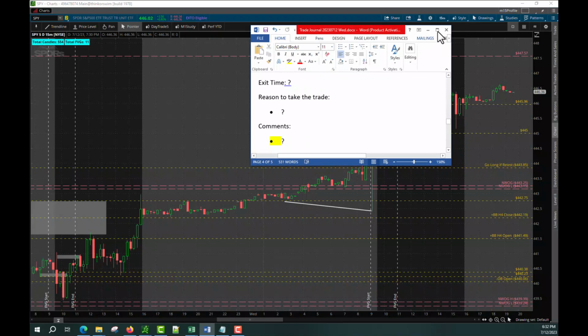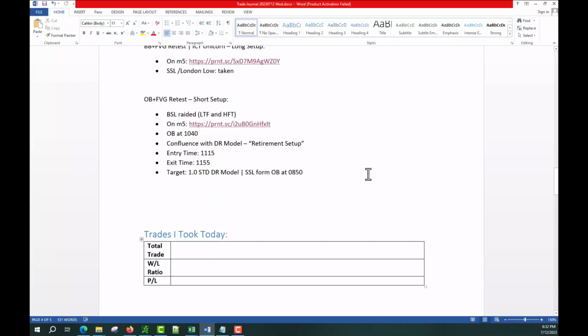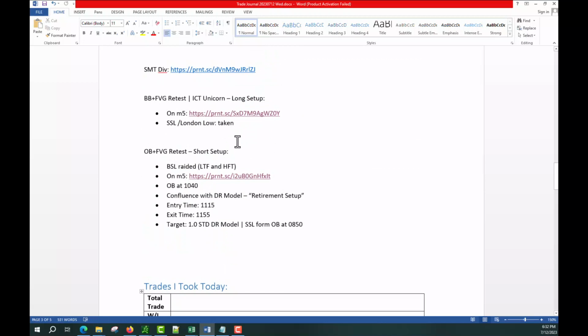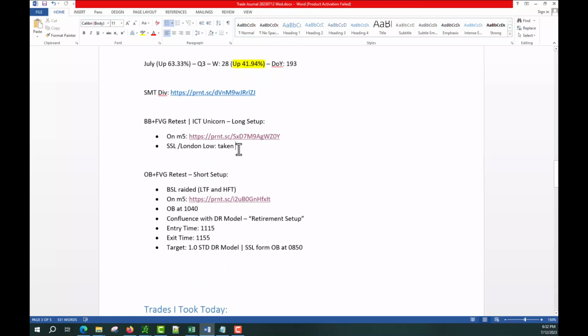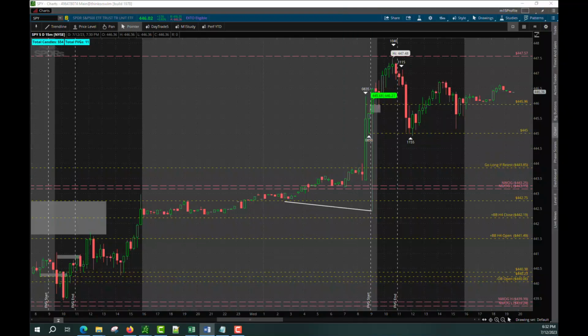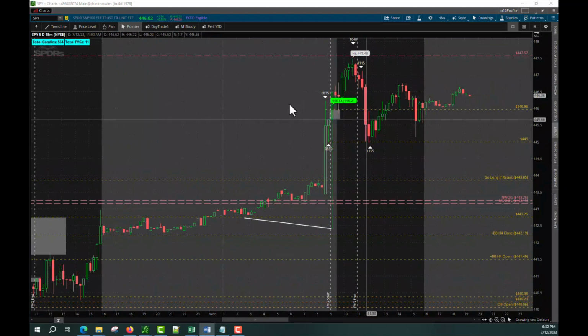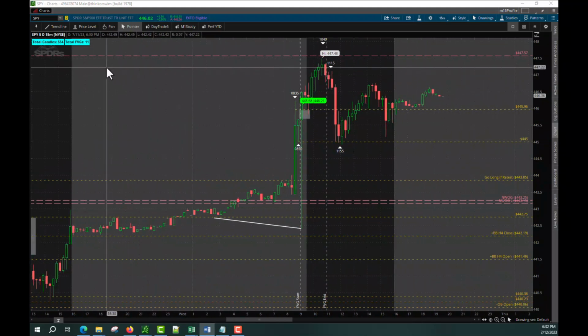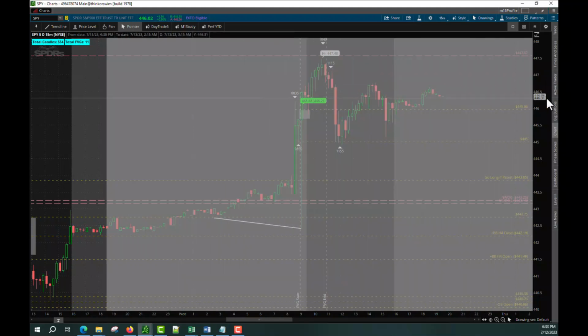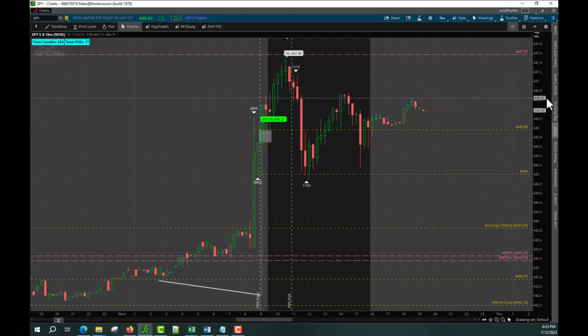Right here, for the last setup, we have the source for a long setup. Yes, we did note that the London low was taken, so we are good right there. I just thought I forgot to note it, it's very critical. You see that the London session low was taken, then it moved up. You can see right here is the order block, sorry, the fair value gap.